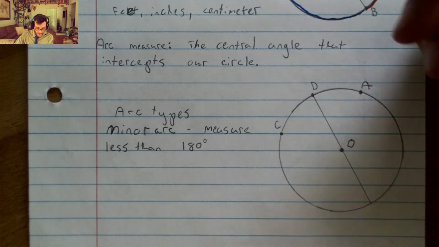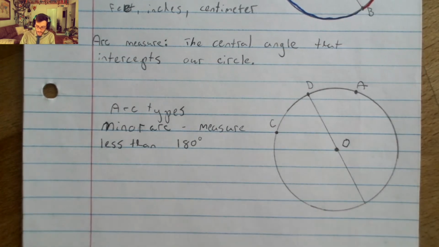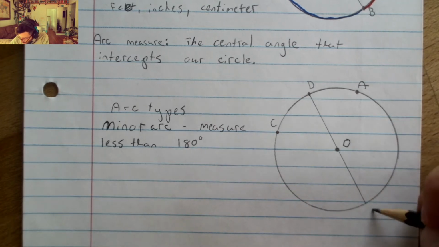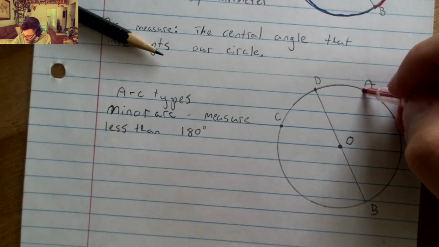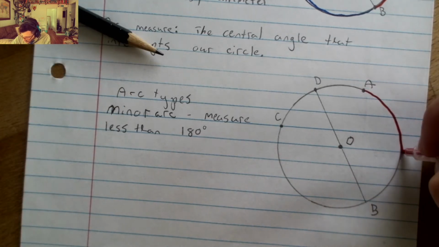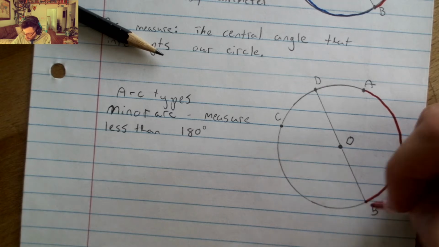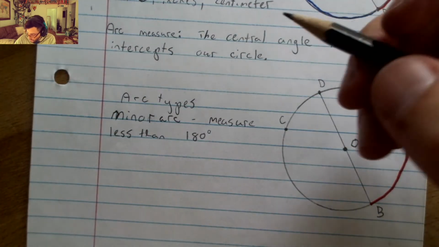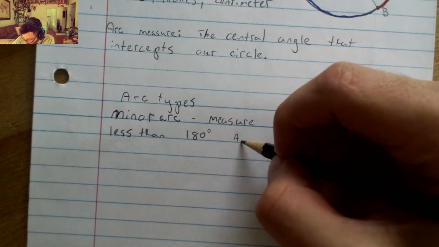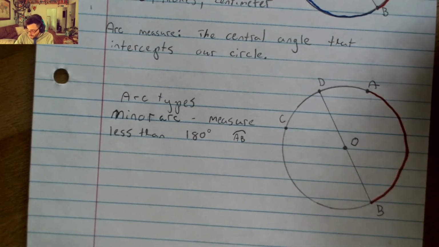If we take a look at this example here on the right-hand side, we can say that arc AB, this portion just along this side here, would be an example of our minor arc.